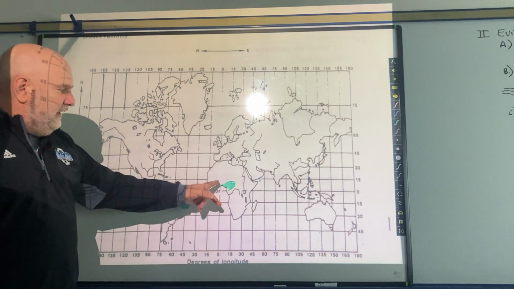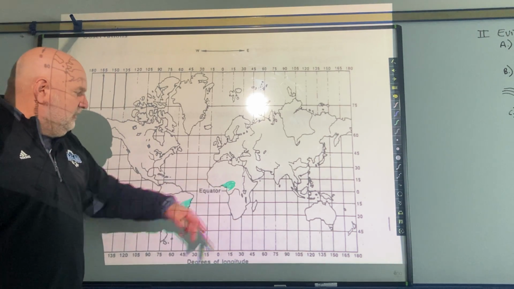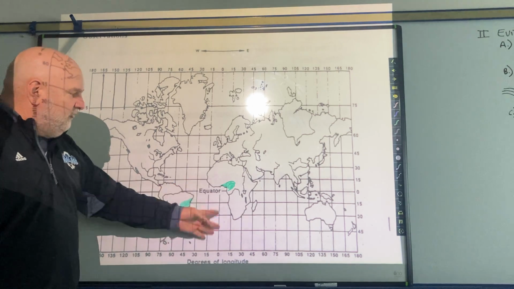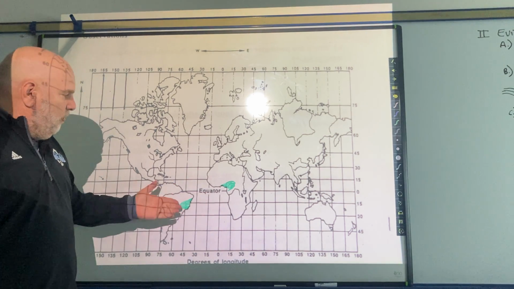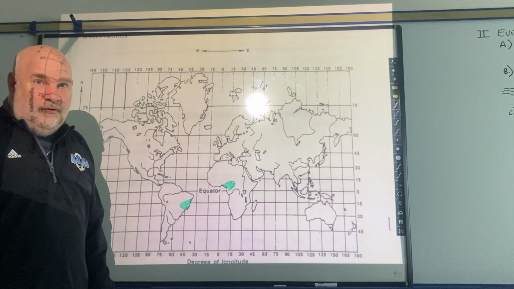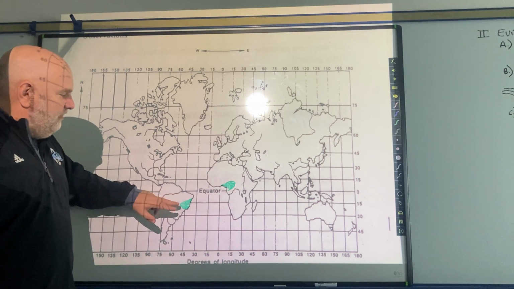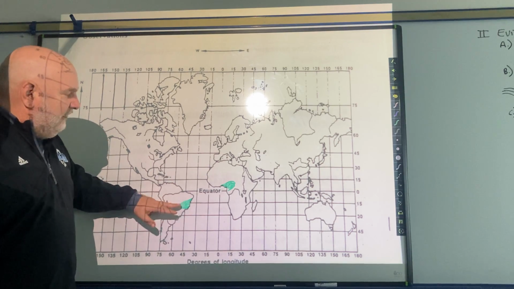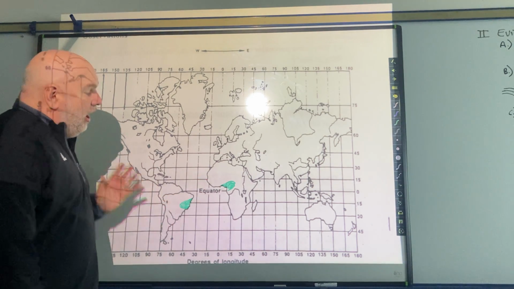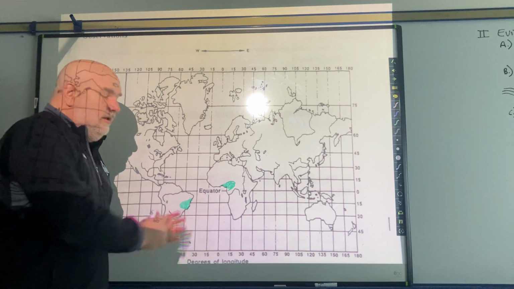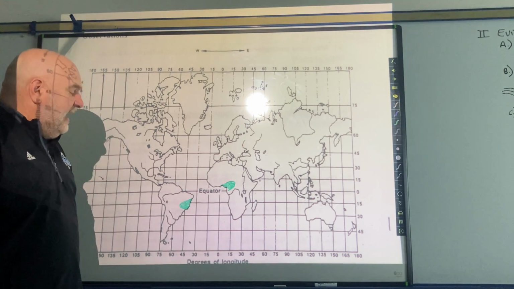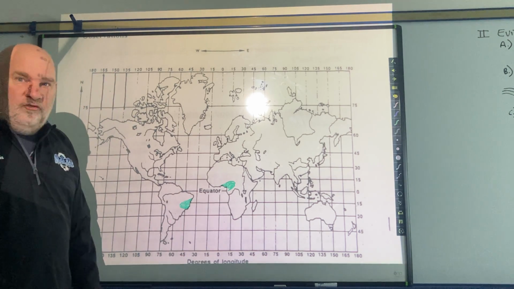Or this could be a freshwater clam and a freshwater clam, and there's a saltwater ocean in between. So there's no way for the clam to get from one side to the other. So it didn't make sense for the same type of fossil to be here and here, unless at one point those two continents were connected and then moved.